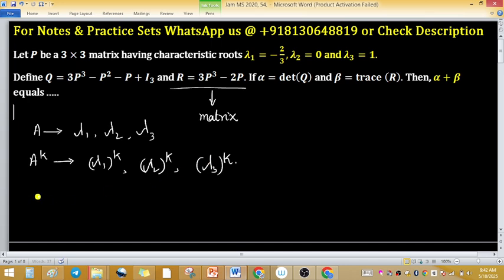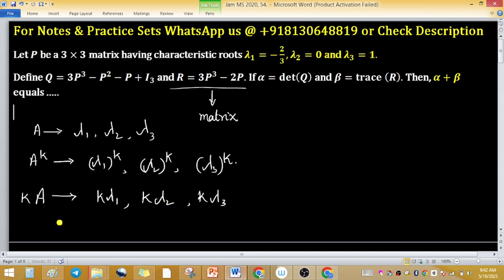In a similar fashion, the eigenvalues of a scaled matrix, say k times matrix A, will be k times lambda 1, k times lambda 2, k times lambda 3.